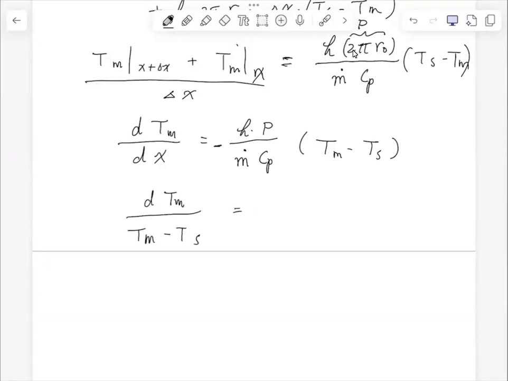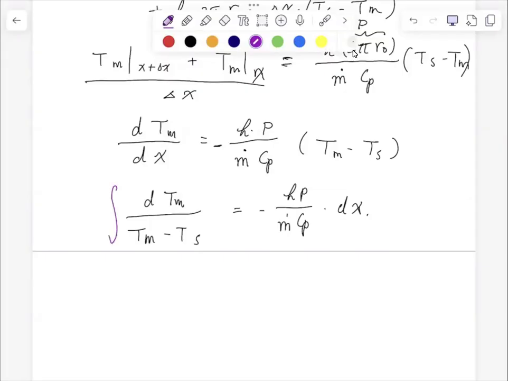This equals to, I'm going to do an integral. The left side, I'm going to integrate, and then the right side, I'm going to integrate as well.